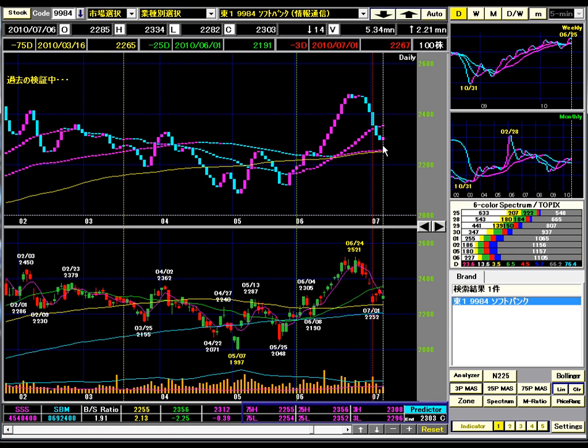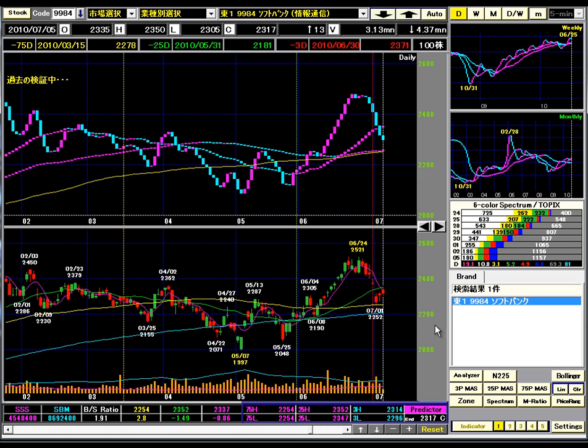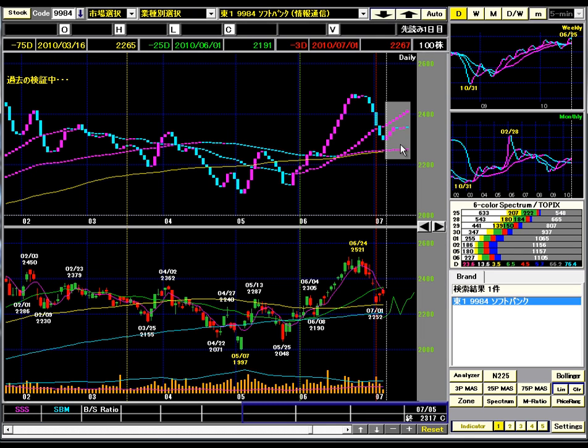Okay, now if we had gone back one day, when we were at this day, if we hit the F3 key to reset the basis line as of this day, our predictor was showing pink for tomorrow, which is actually how it did turn out. And if we look at the window into the future as well, it also showed pink.